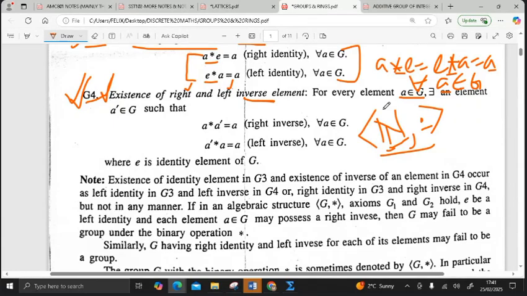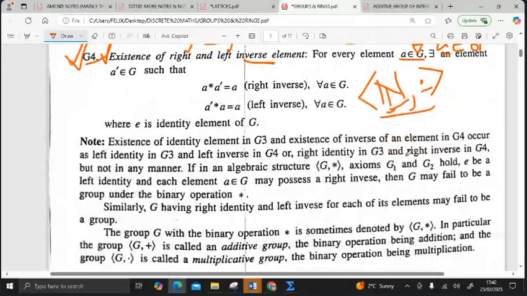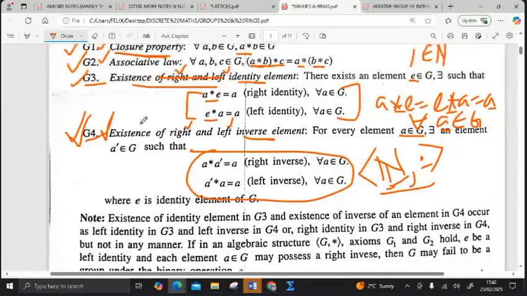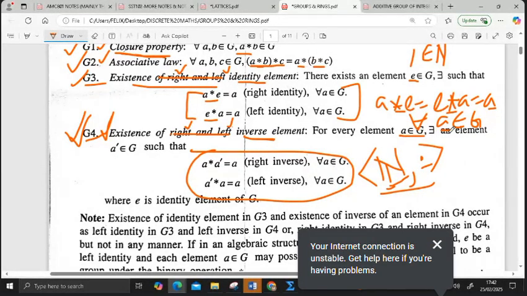Meaning, therefore, that the set of natural numbers equipped with multiplication does not satisfy property 4, because its inverses are not natural numbers. The inverses of its members, except only 1. The inverse of 1 is 1. But all these others, the inverses are not natural numbers. Are you saying that?